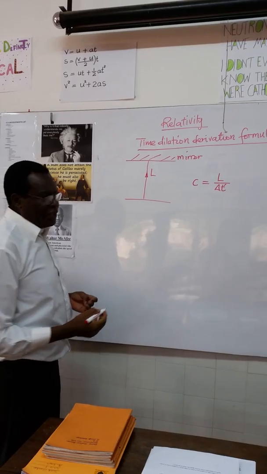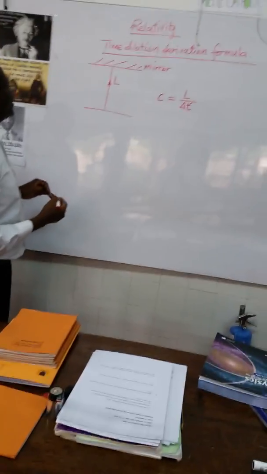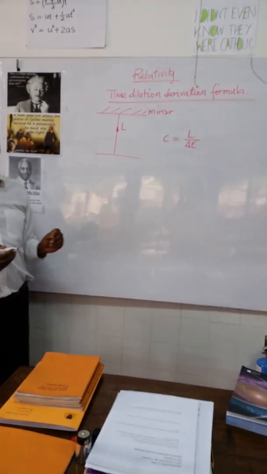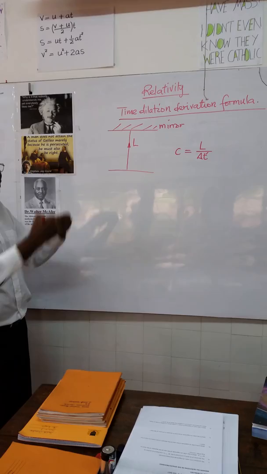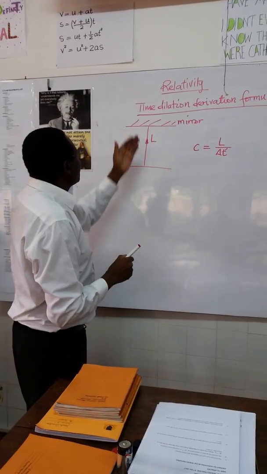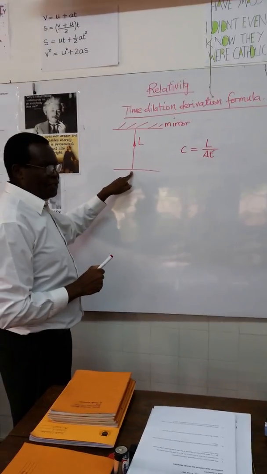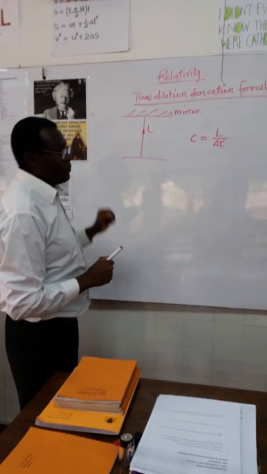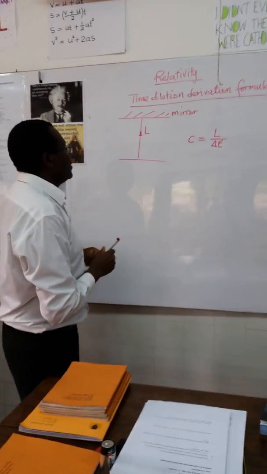Proper time is that time interval which occurs when two events take place in the same spot, in the same space. The events in this case are the light signal leaving the bottom, going to the mirror and back.